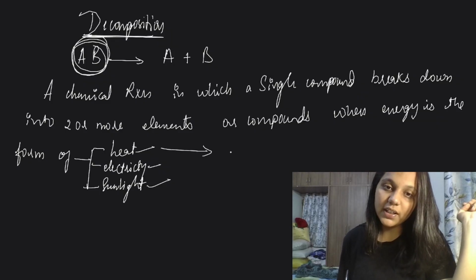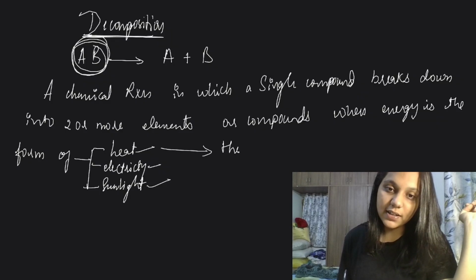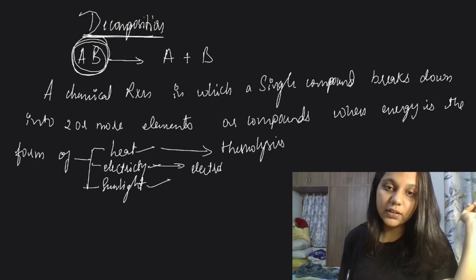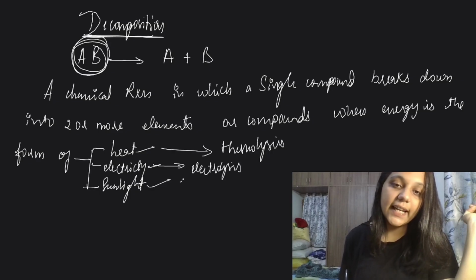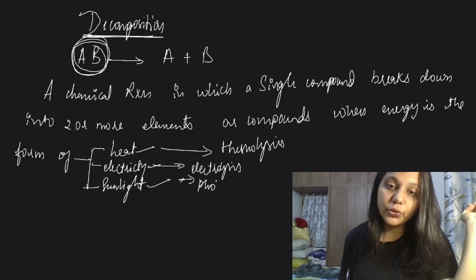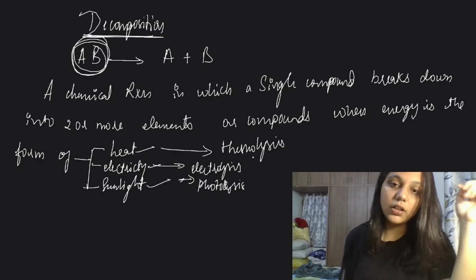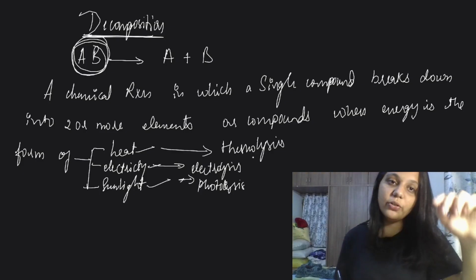And you need to remember heat means thermolysis is going to happen. Electricity means electrolysis is happening, and sunlight means photolysis is happening, which we are going to discuss one by one in a very clear way. Okay.